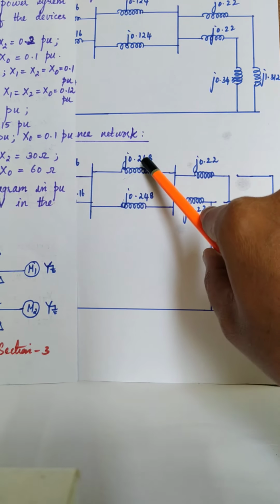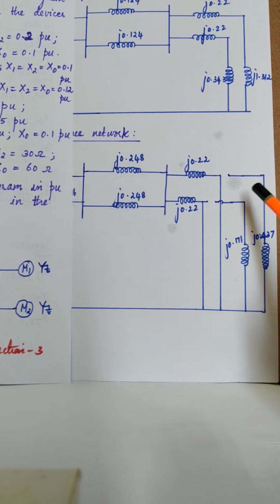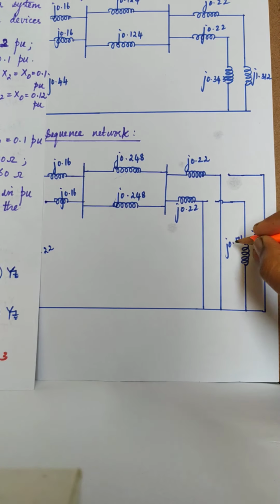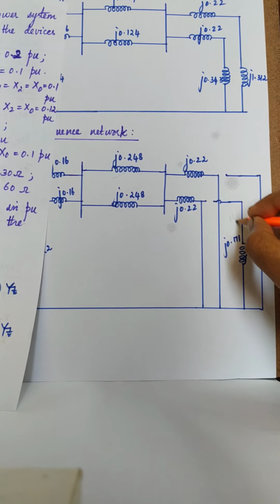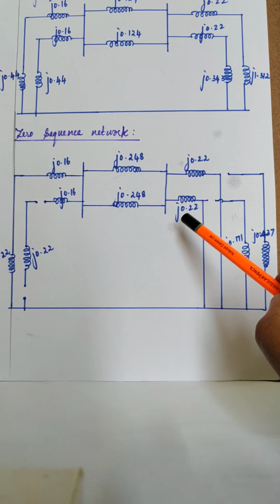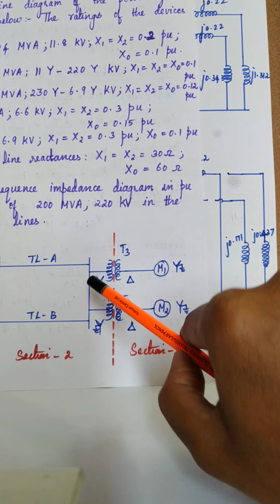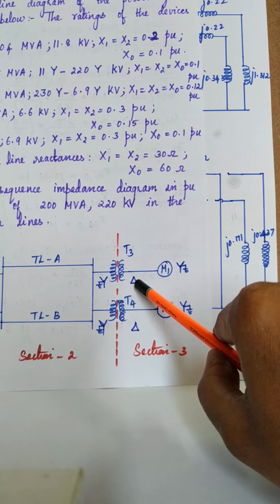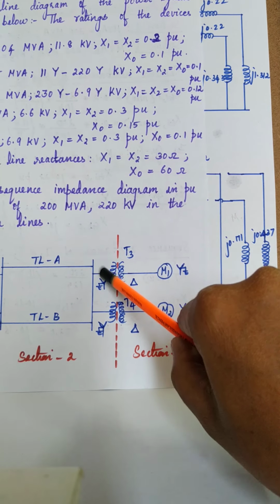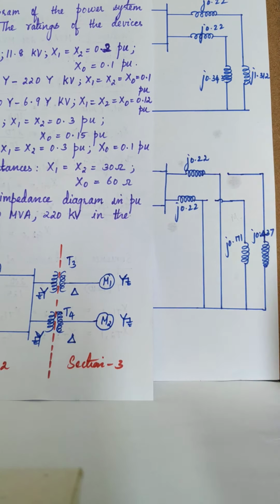For the transmission lines, show the zero sequence reactances of both lines. Now coming to motor 1. This line is the motor 1 line. It is star-delta. On this side, the transmission section 2 side, close the series switch.